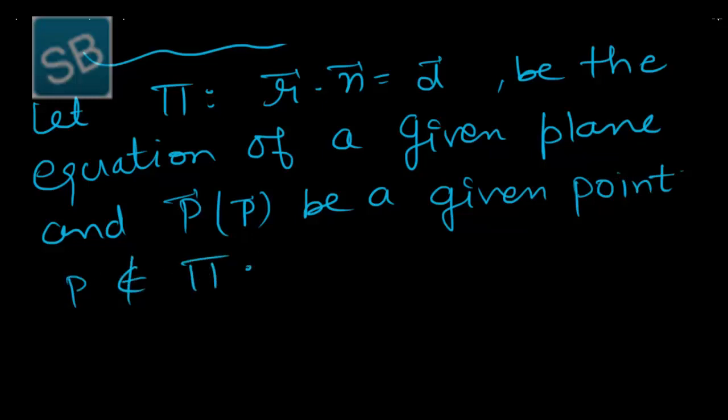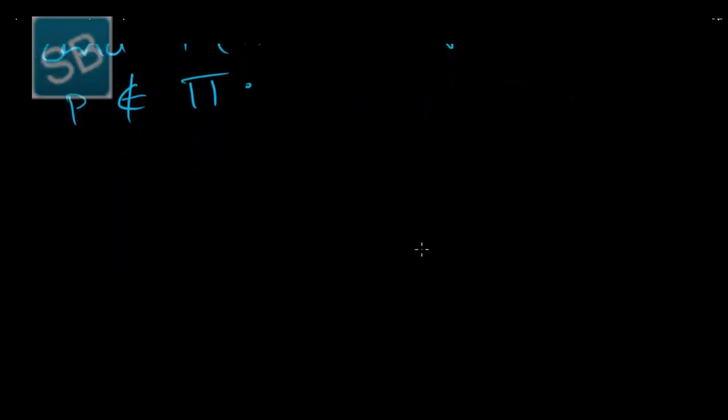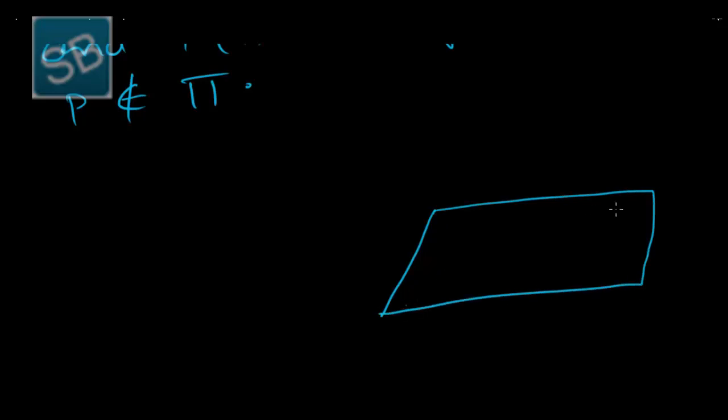So let us draw the diagram. This is the plane pi, and as it is a plane, it has a normal. So let n be its normal.